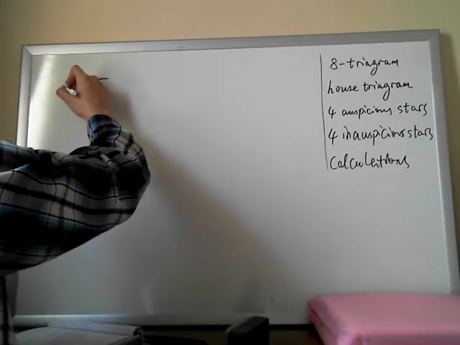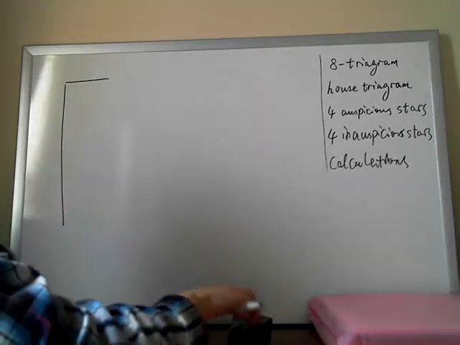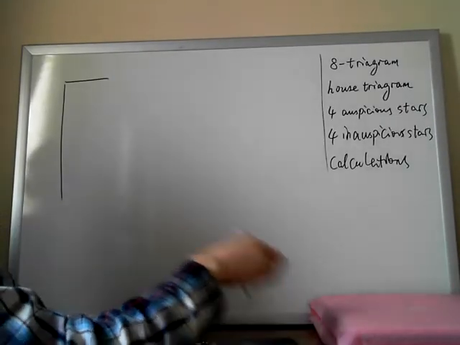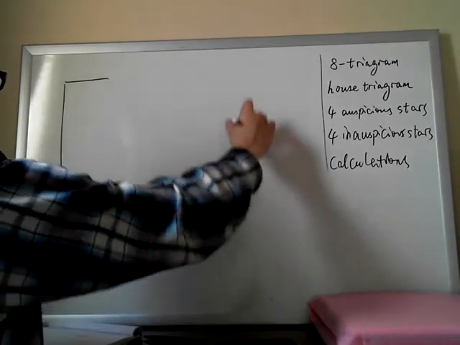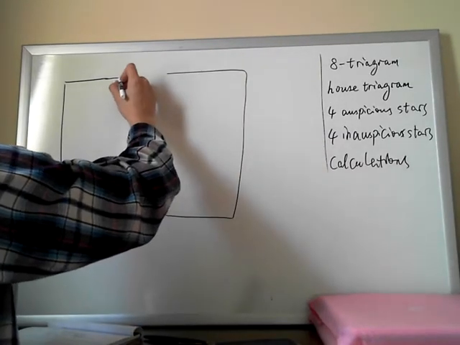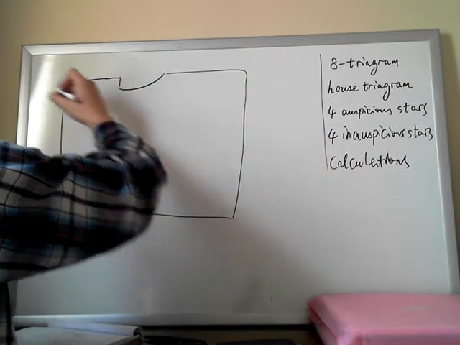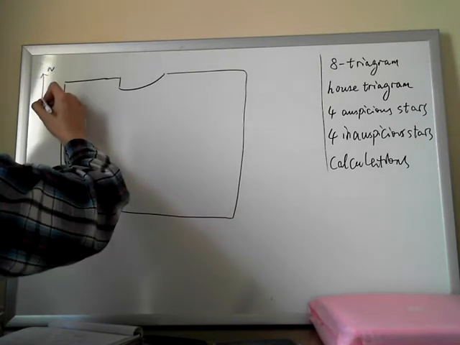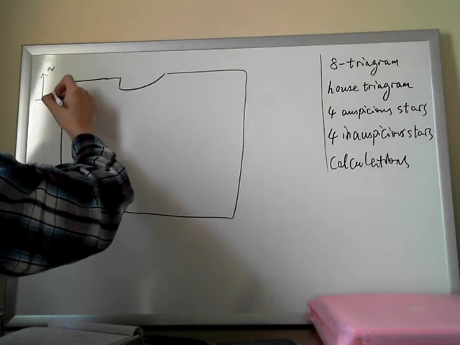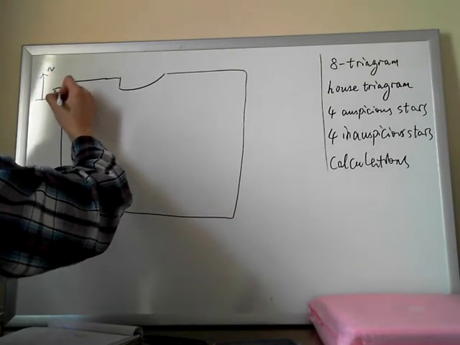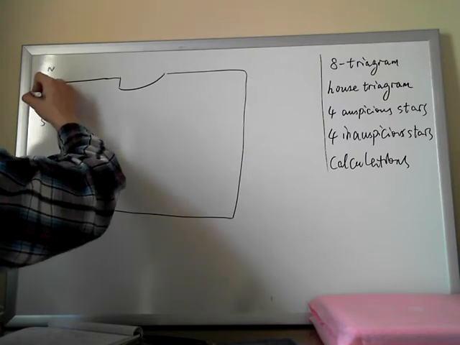Let me draw a bigger one. Too big. We have a house. That's the main door. It's north. East. Southwest. Okay.